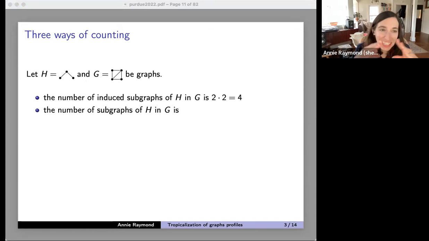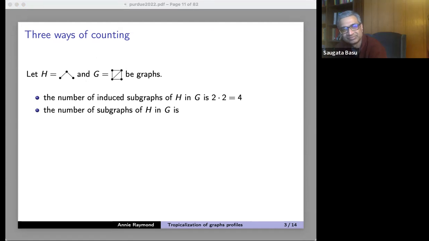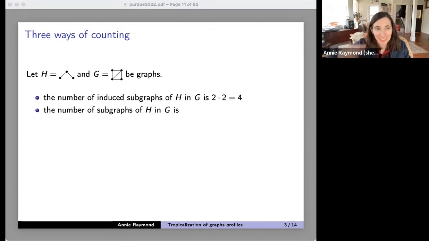Yes, exactly. Each triangle, you have the 3 pairs of 2, and for each pair of 2, you can go like this or like this. So each triangle gives you 6 more choices. So that means you had your 4 old ones plus 2 times 6 for the 2 different triangles. So we're at 16.